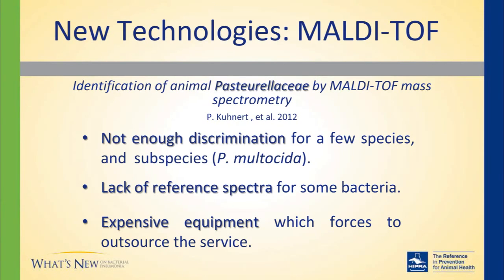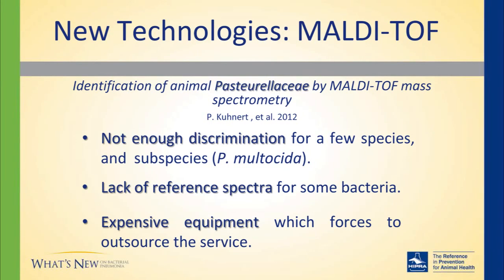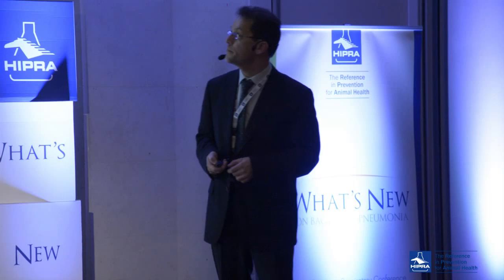For a few bacterial species, there was not enough discrimination power. That happened mainly because they did not have, at that time, enough reference spectra to compare with. And still the equipment is expensive, but more and more private laboratories are acquiring the equipment and offering the service to external parties, to other laboratories.